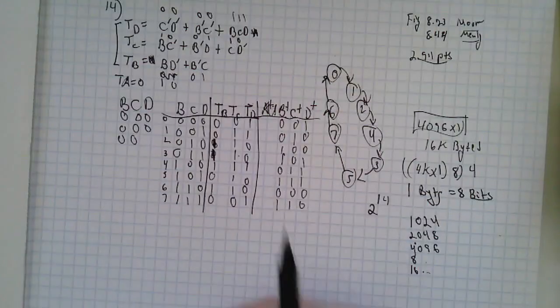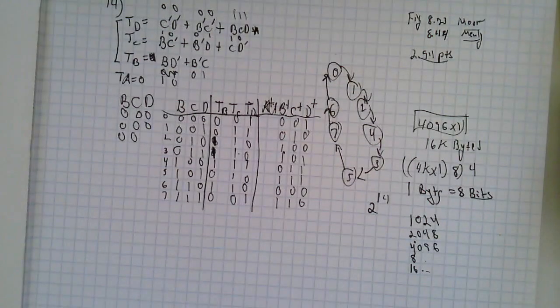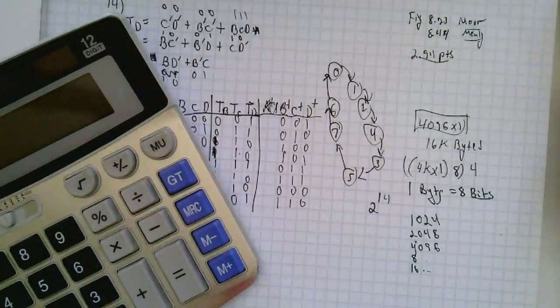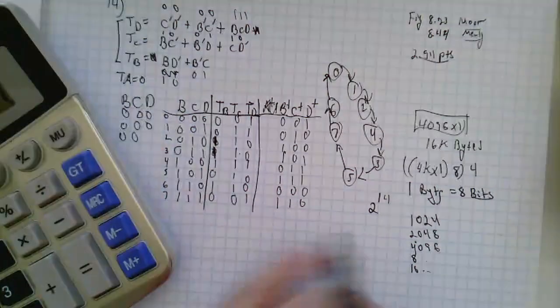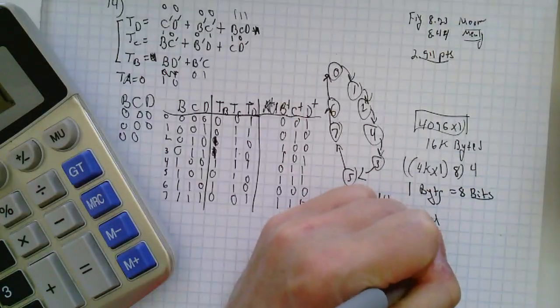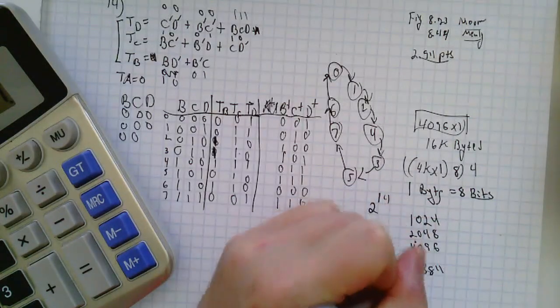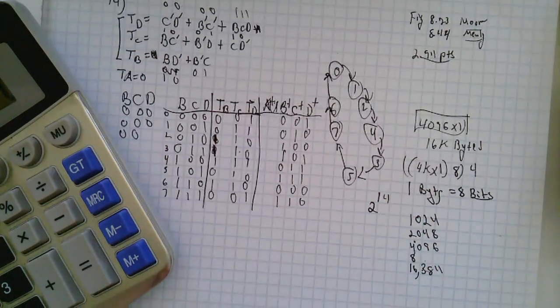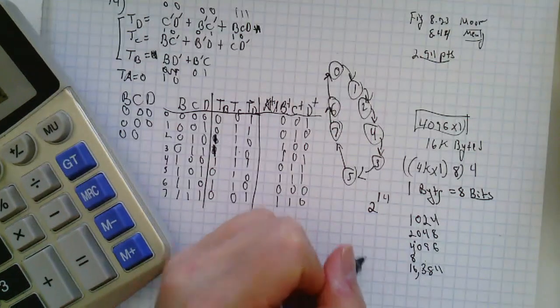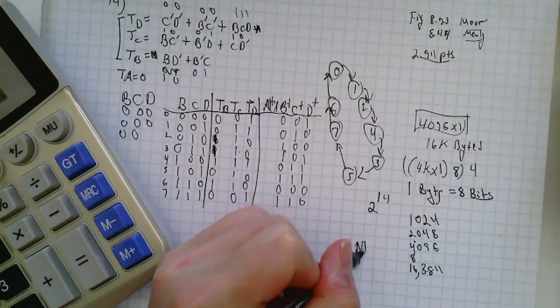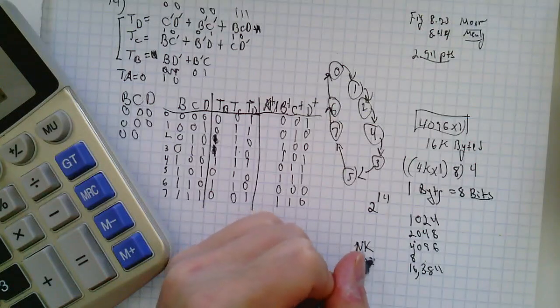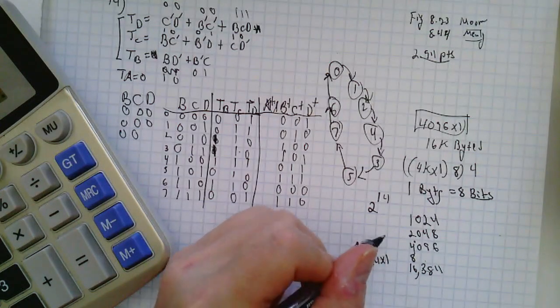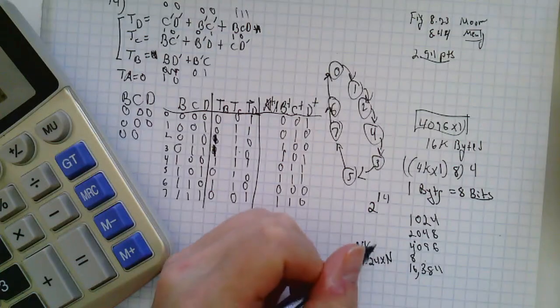One way you could do it if you had a calculator is you could take 1024 and multiply by 16, and that would give you 16,384. That's one way to go. So NK is equal to 1024 times n bytes.